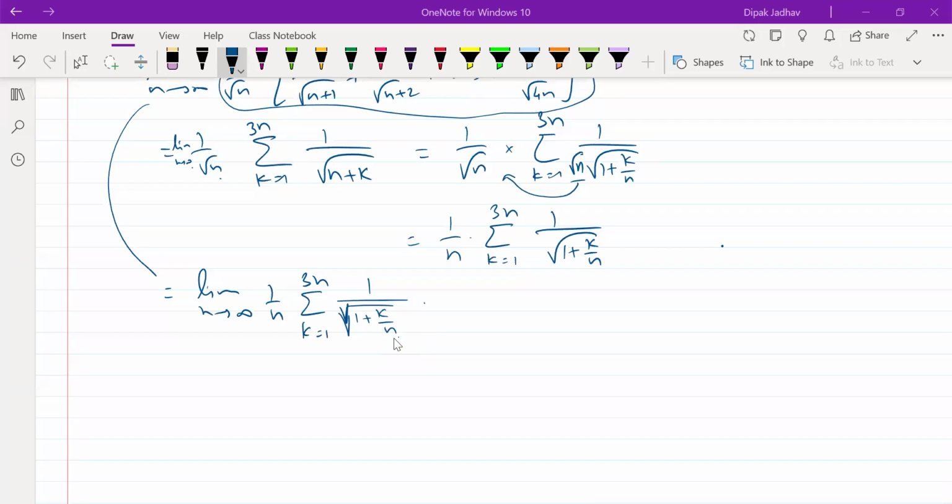That suggests this limit can also be evaluated by using Riemann integration. So we need to identify a function. It's easy. You replace k by n by x and write the expression. So what is that? 1 upon root of 1 plus x. Yes, very good.